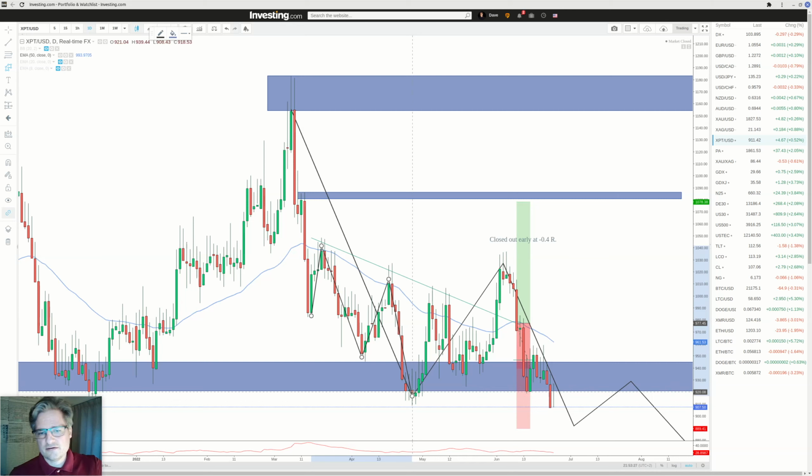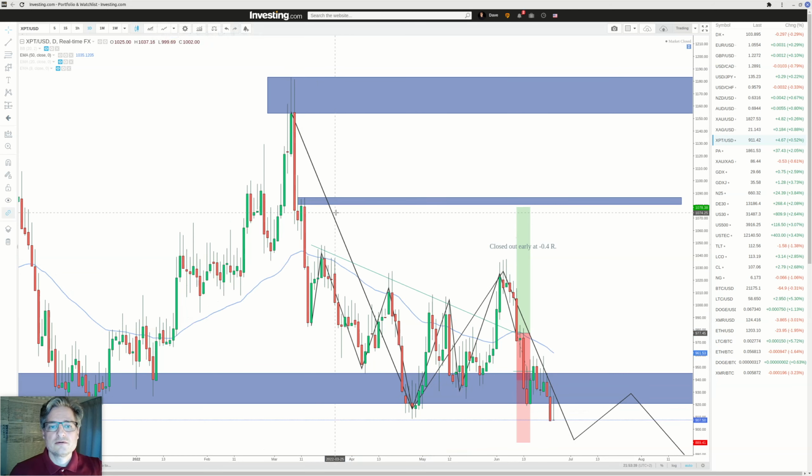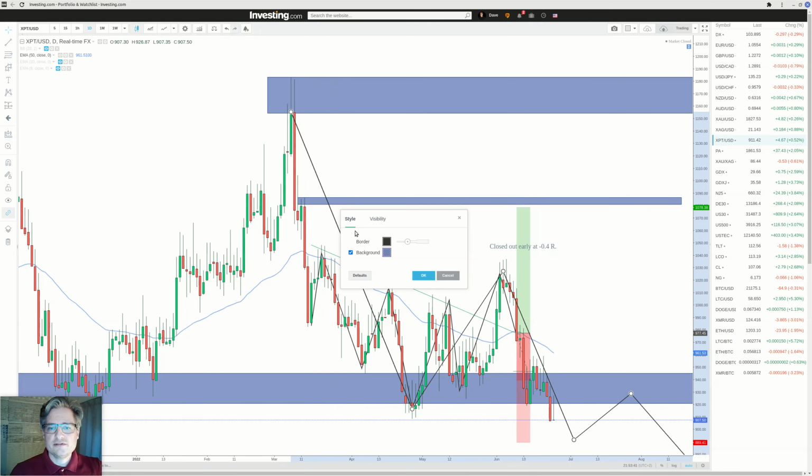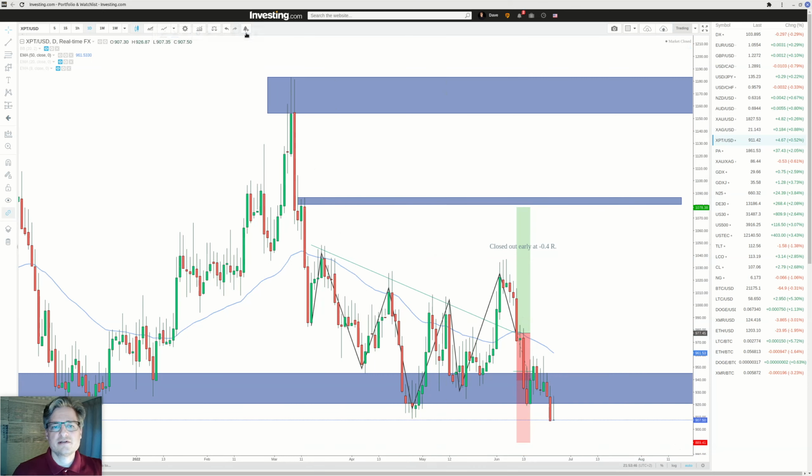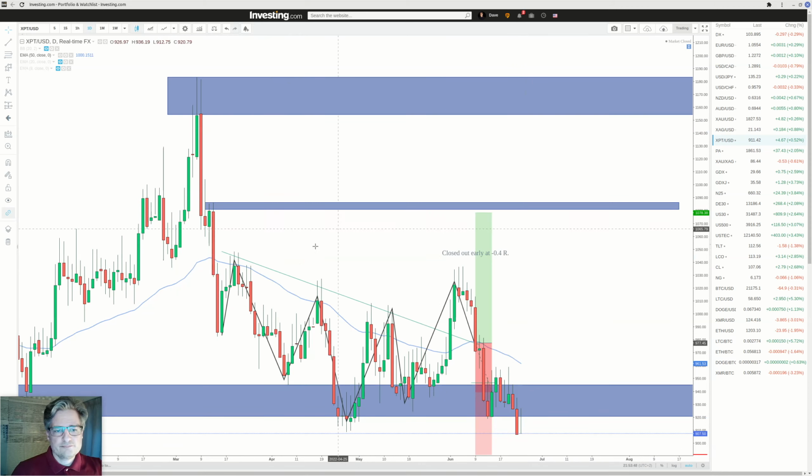Let me just finish drawing it and then I'll show you how I looked at this. Let me quickly hide these. So here we have the shoulder, the head, the shoulder, and then this is the neckline.